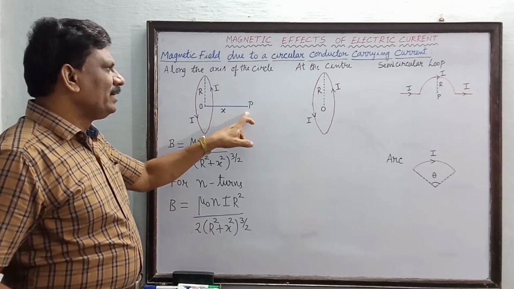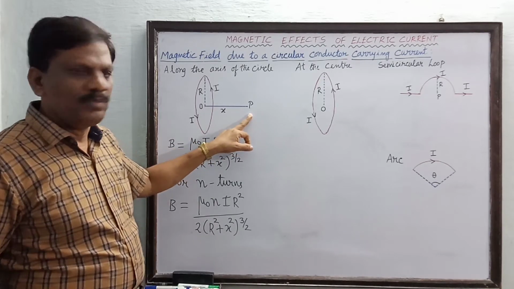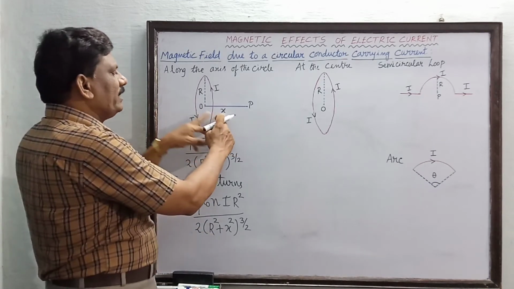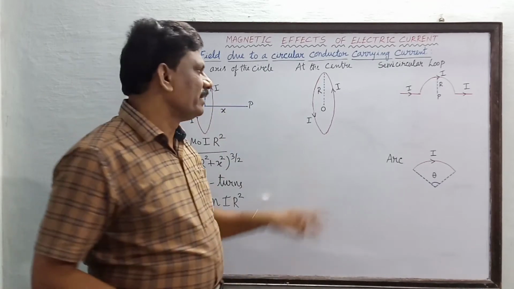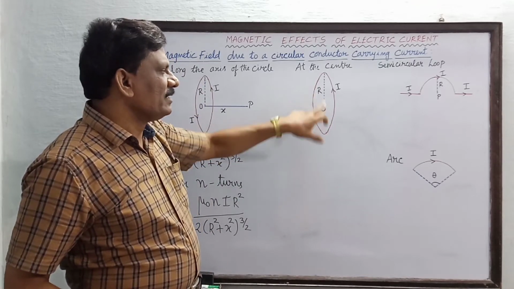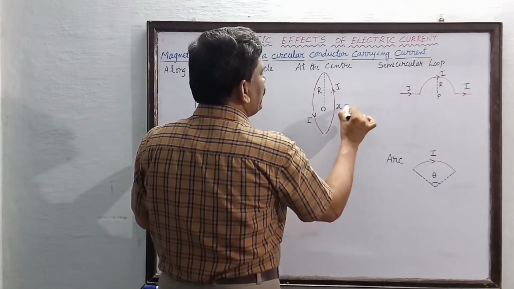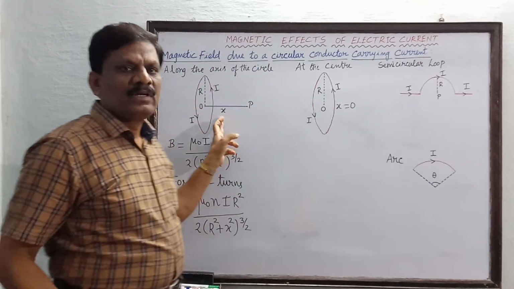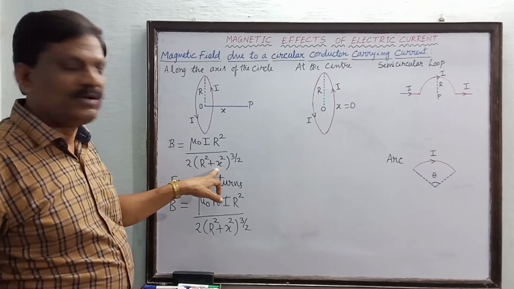Now if the point P is lying at the center of the circular loop, that is x is equal to 0, it's a special case only, no? So I am going to substitute here x is equal to 0.